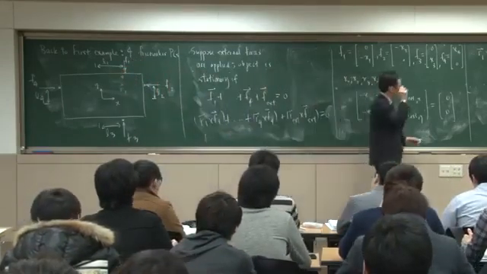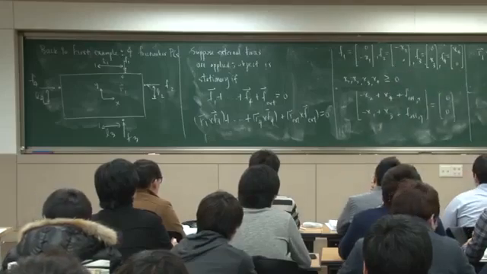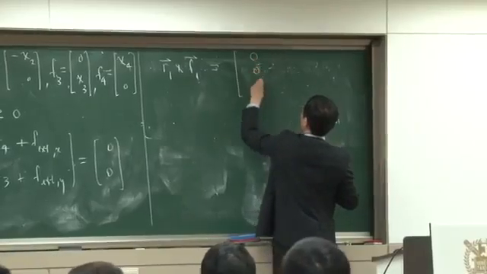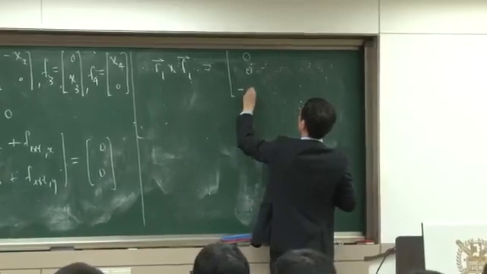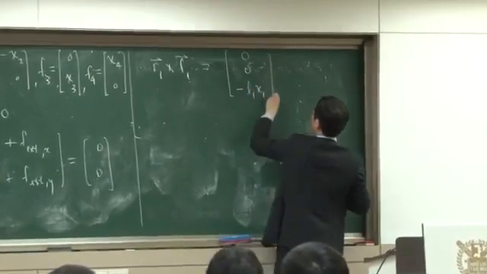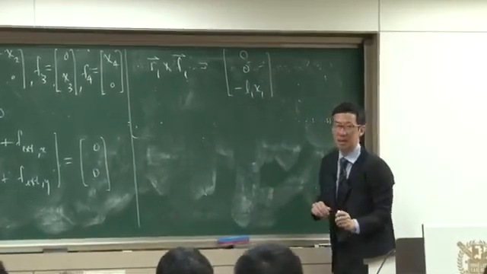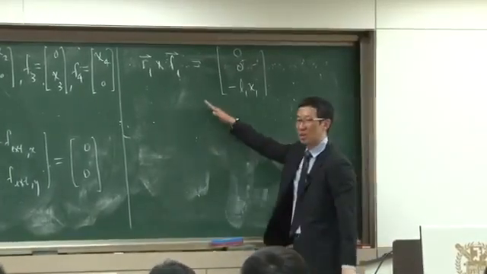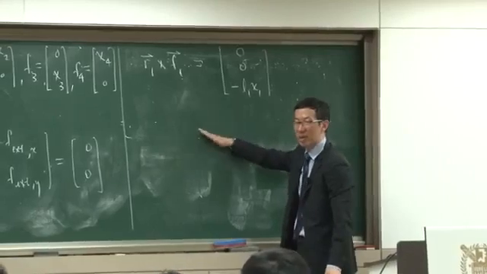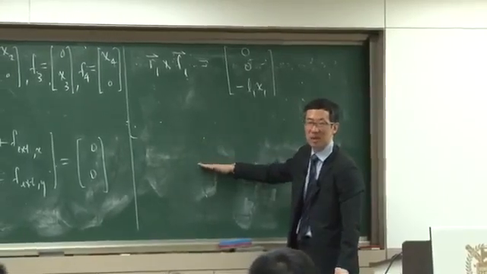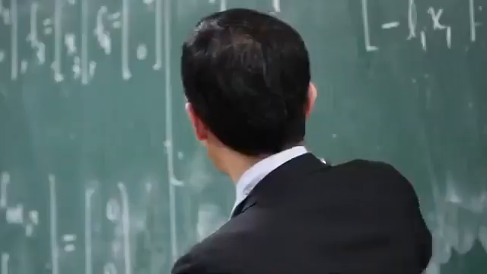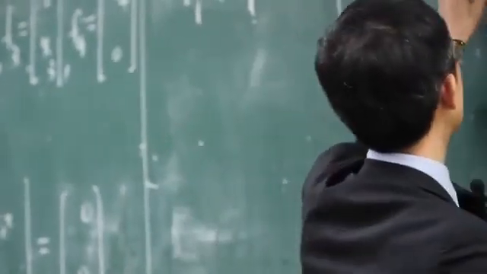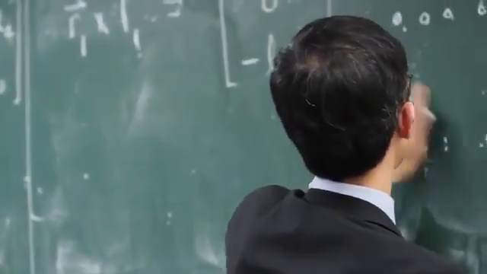The magnitude is, well, you can see that it's just going to be this force multiplied by L1. So R1 cross F1, we write down the components. It's going to be 0, 0, minus L1 x1. And you can find R2 cross F2, R3 cross F3, R4 cross F4 in a similar way. So let me just do a dot, dot, dot.